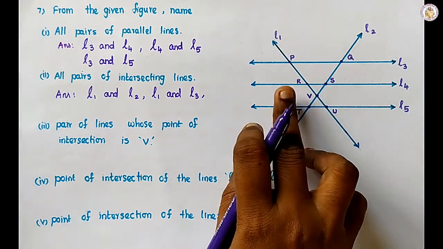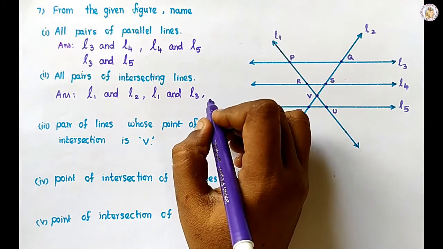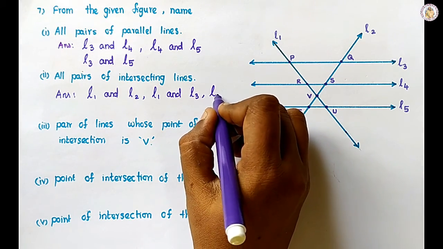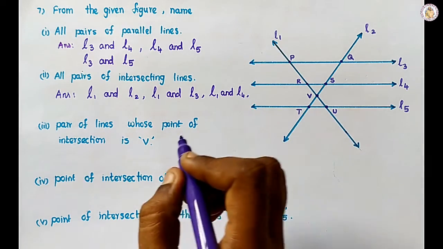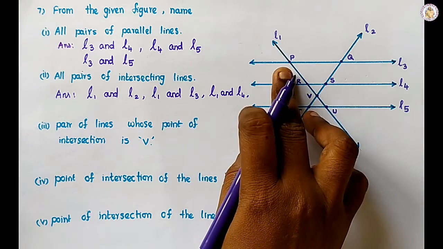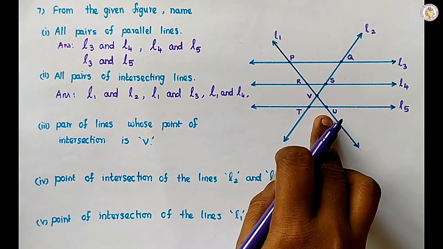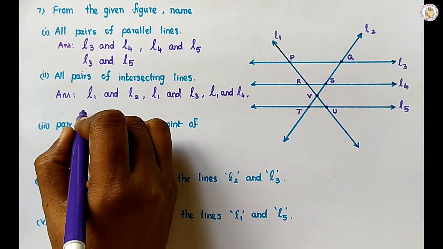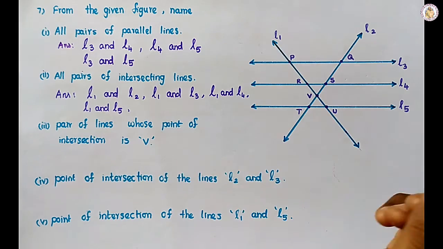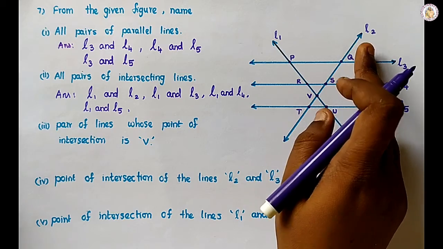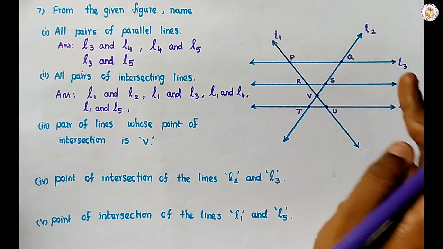And then L1 and L4. Next one, L1 and L5. Next, L2 and L3, L2 and L4, L2 and L5.